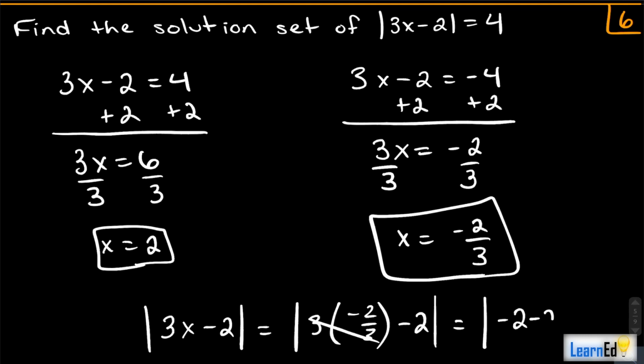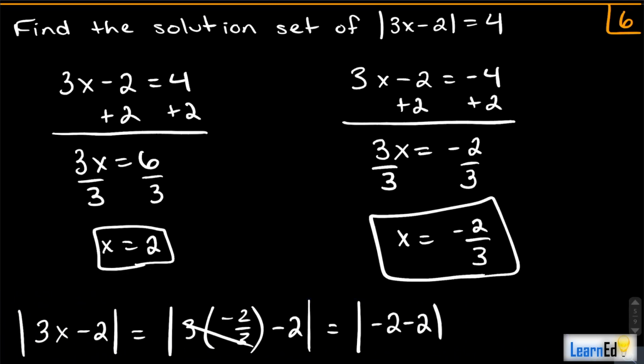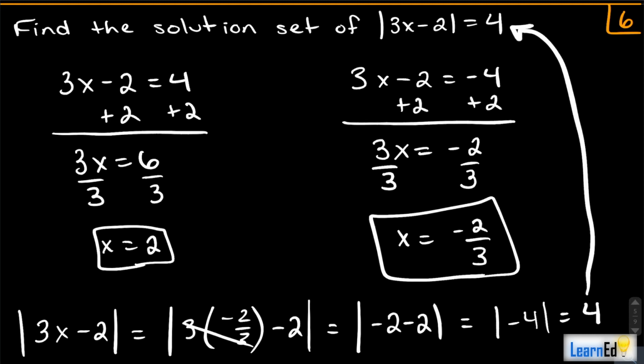So we have negative 2 minus 2, and I'm kind of running out of room here, so allow me to adjust these. And off of this we get the absolute value of negative 4, but we know that that's 4. So that is an example of a solution to this equation.